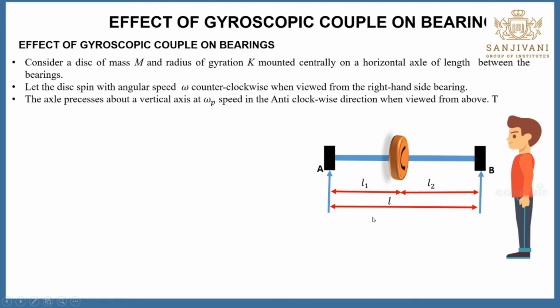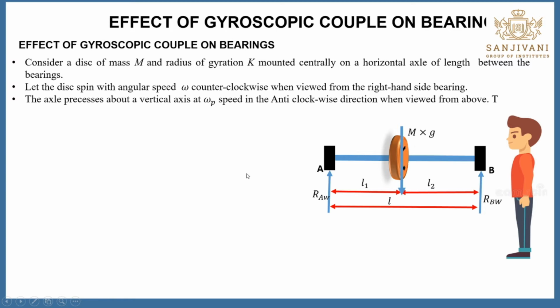In the steady state condition, there are two reactions acting at A and B, RAW and RBW, and the total weight of the disk acting vertically downward, which is m into g.